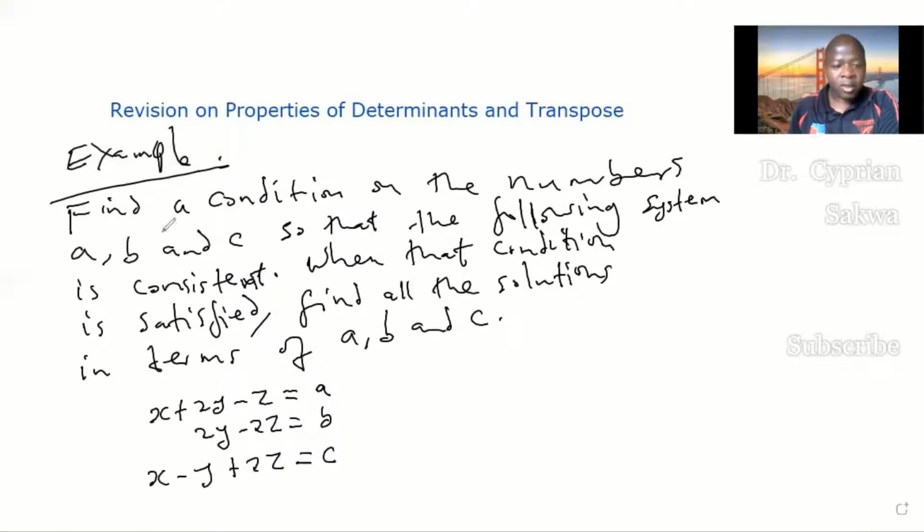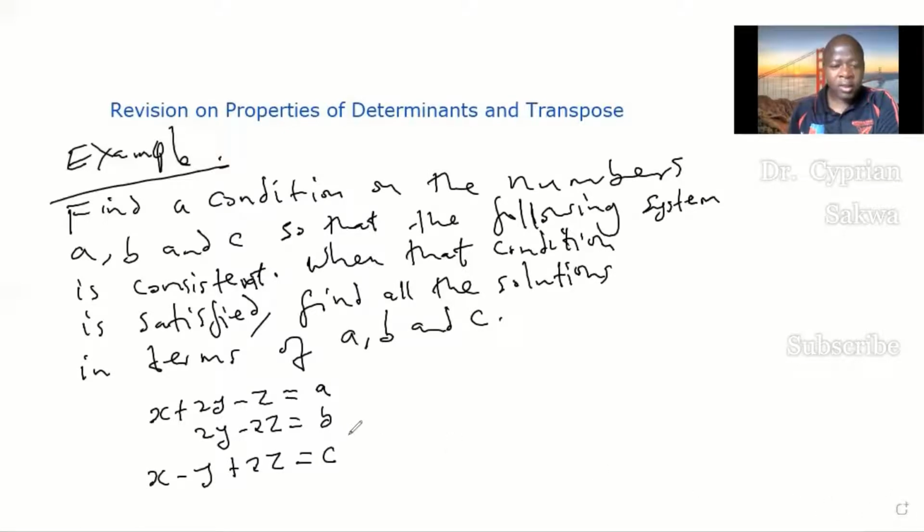So the question wants us to find what the condition on A, B, C should be such that this system would have a solution. So that is what the question is asking us to do.